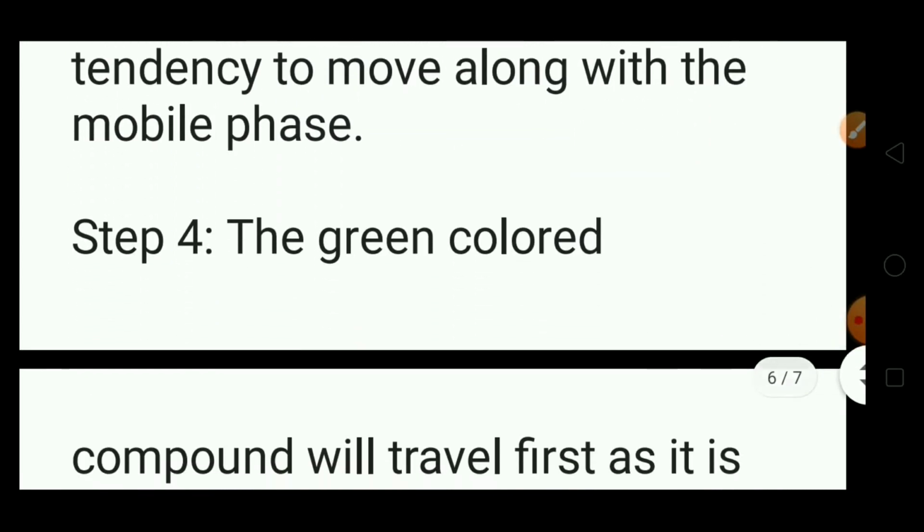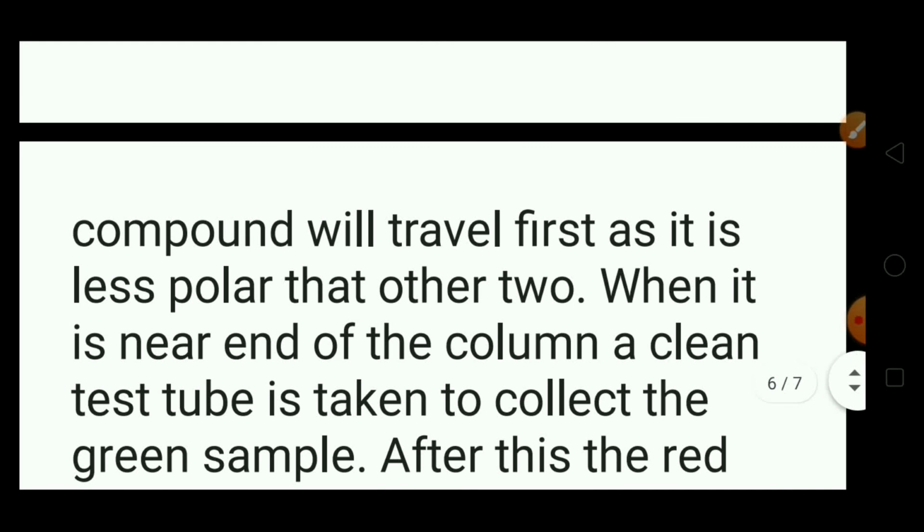The green colored compound will travel fast as it is less polar than the other two, because the green compound has less polarity compared to red and blue.